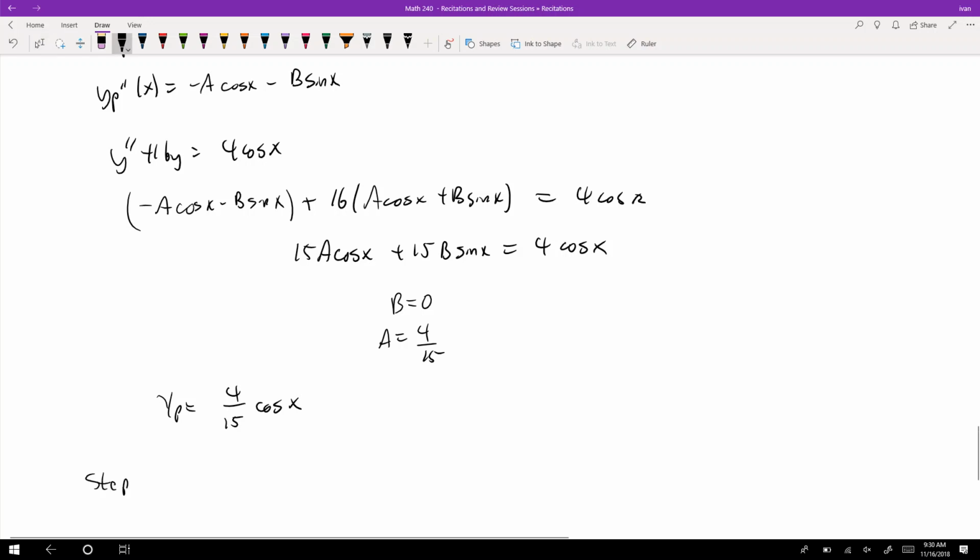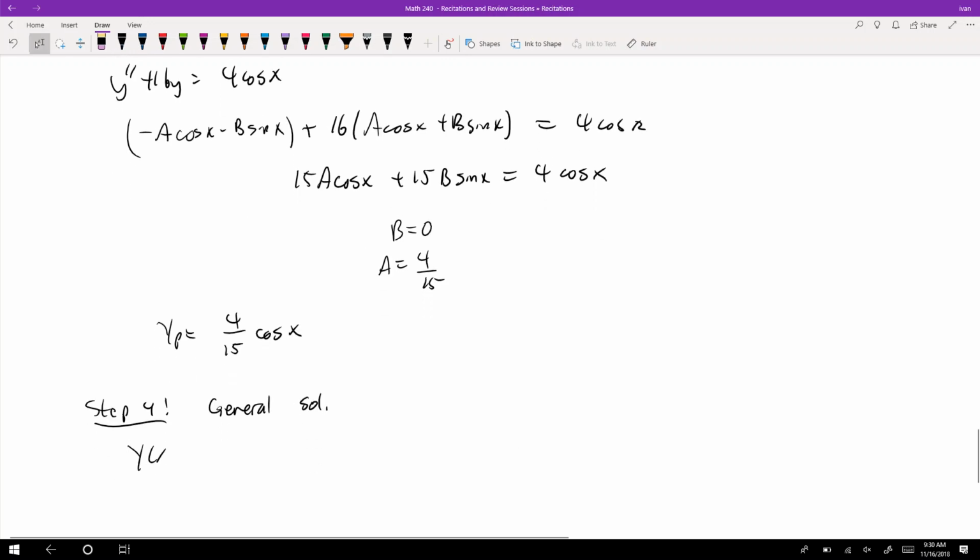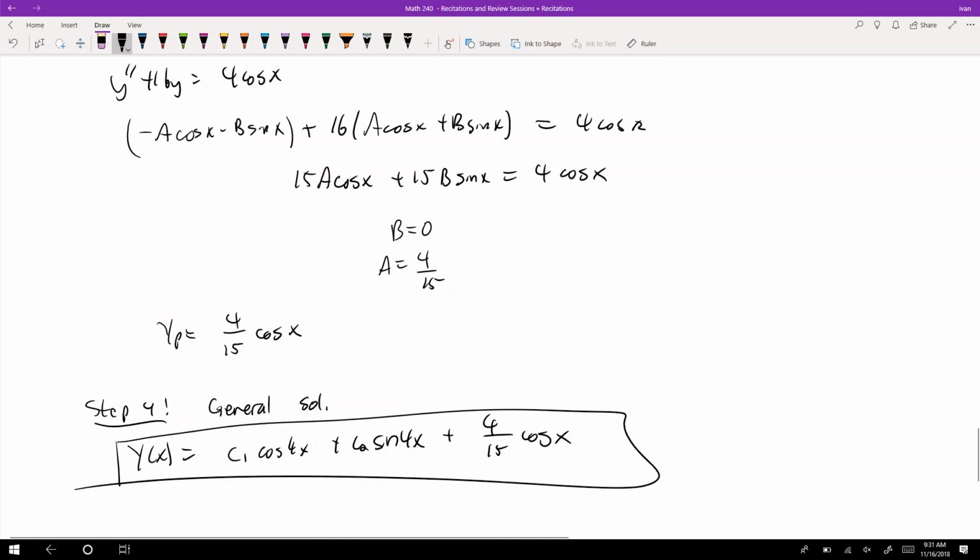Step 4 is the general solution. So y of x is equal to the homogeneous, c1 cosine 4x plus c2 sine 4x, plus the particular, which is 4/15 cosine x. There we go.